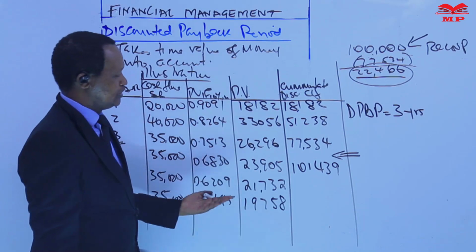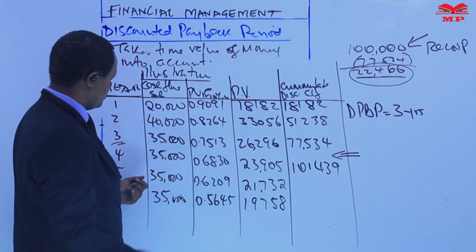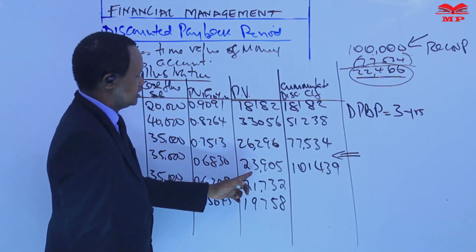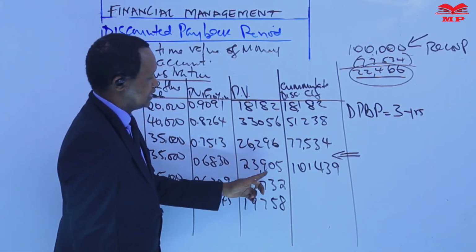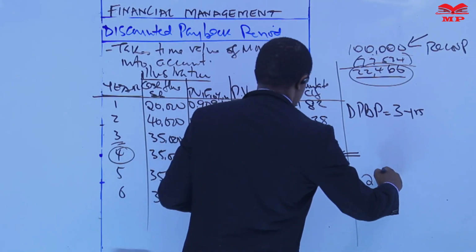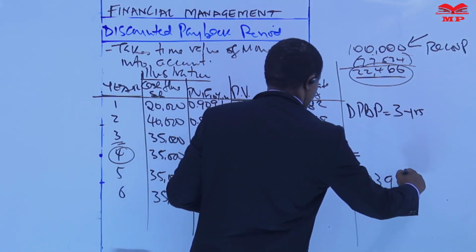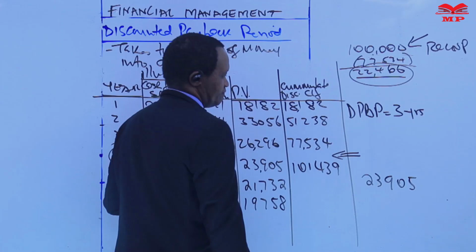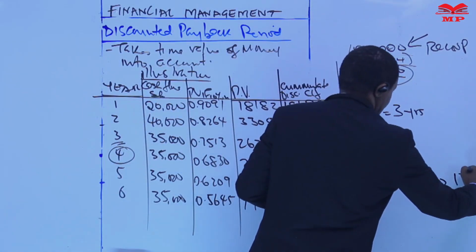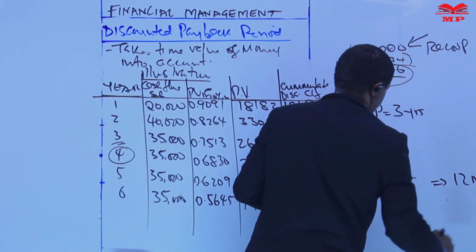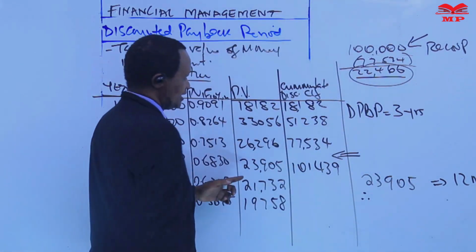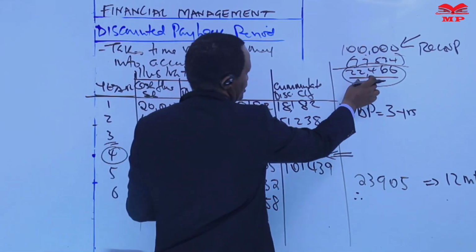Because for the whole of year 4, the cash flow is 23,905, which represents 12 months.